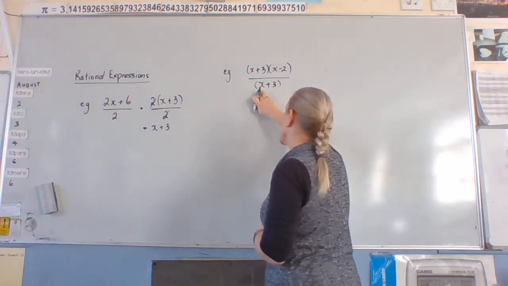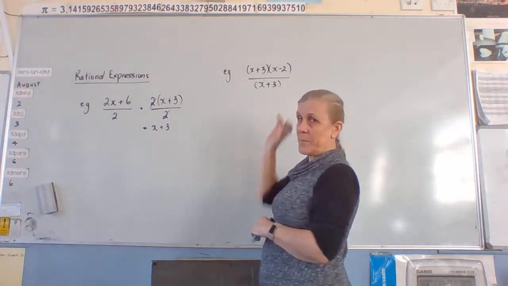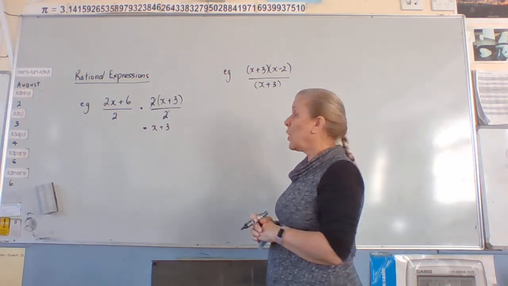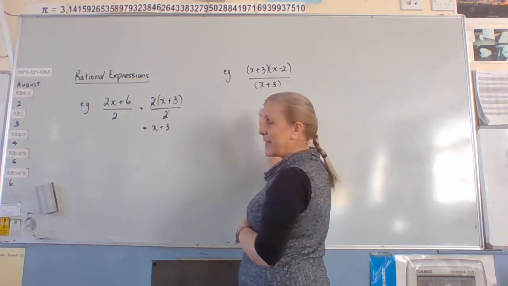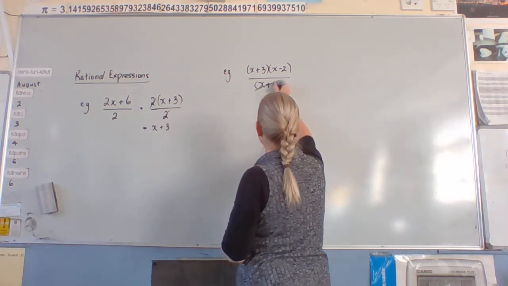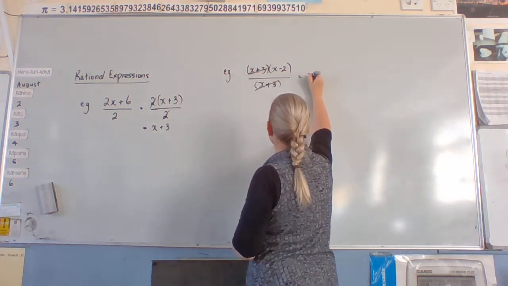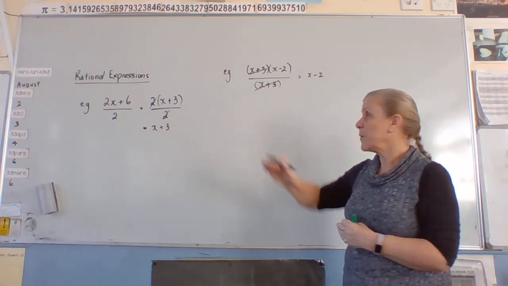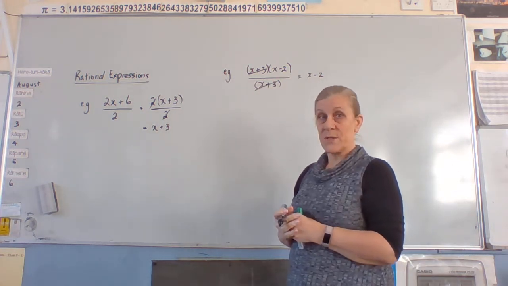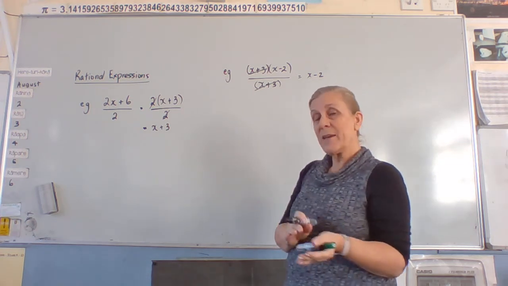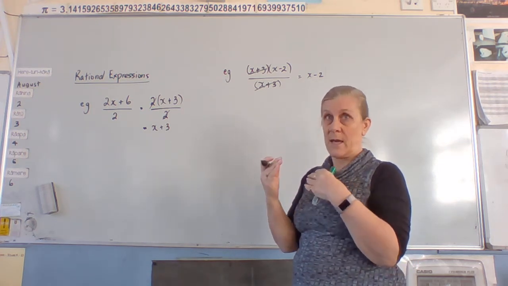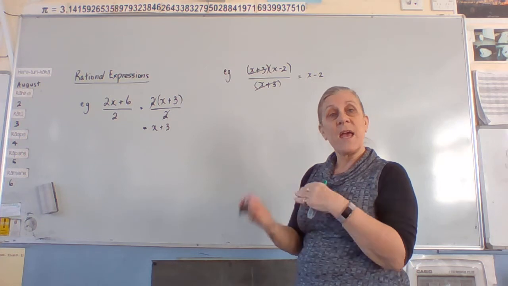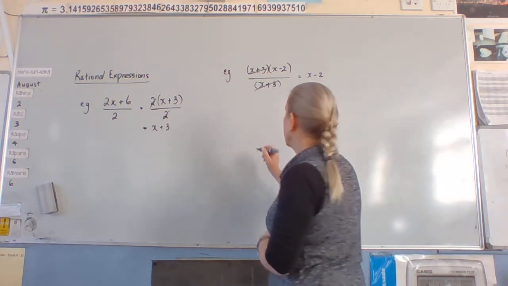So we need to cancel the whole of that with something that is multiplied on the top line. So you can see I've made these the same so we can do it. This cancels with this, so the answer is x minus 2. Now that's the easy form of it, but what we had on the top line was a quadratic. So therefore we may have been given it in an expanded form and have to actually factorise it first.